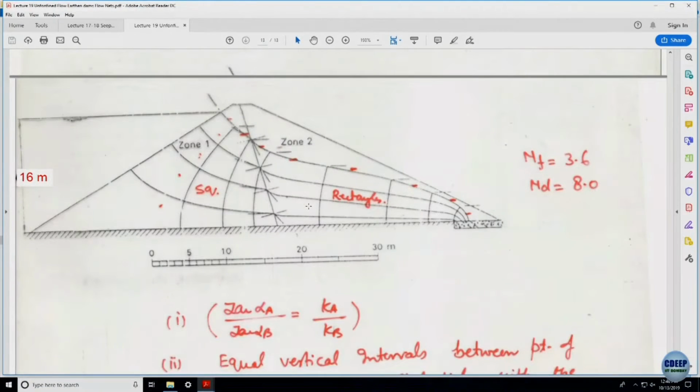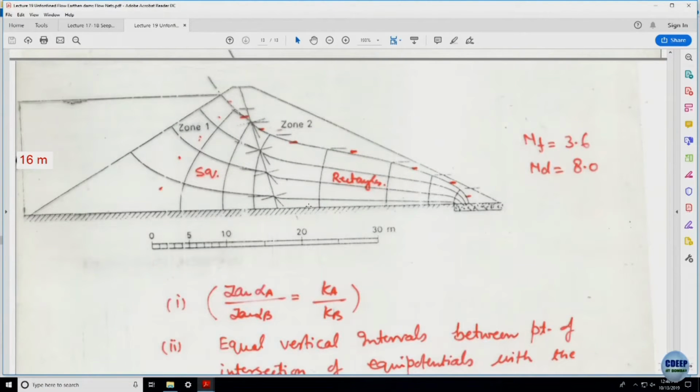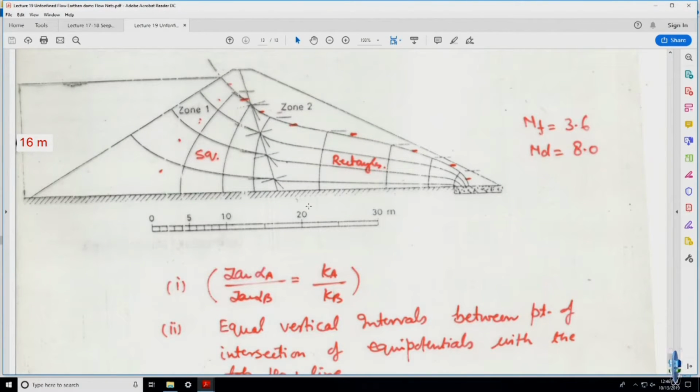The last thing which I want to discuss regarding the unconfined flow is that most of the time we come across situations where we have different zones in the embankments. So, suppose I want to reduce the seepage which is taking place through the body of the dam. There are two ways.